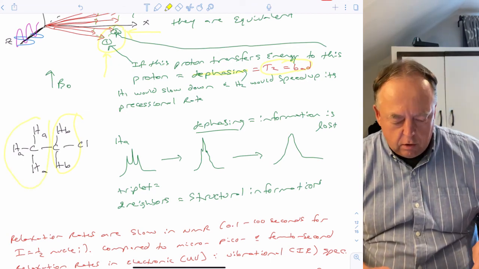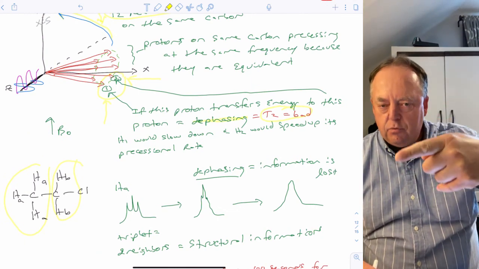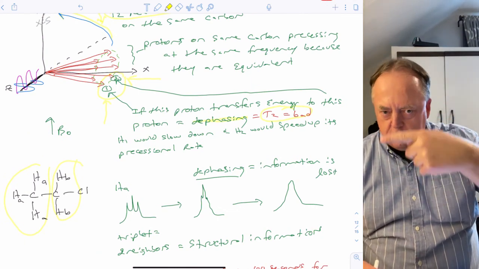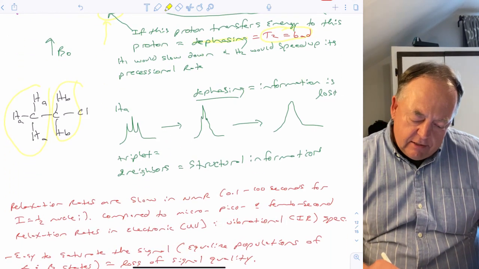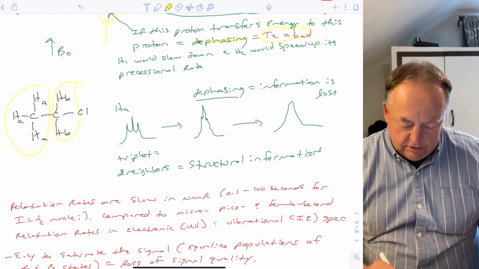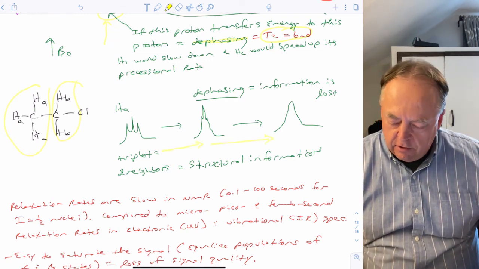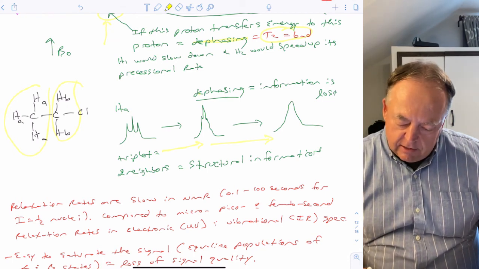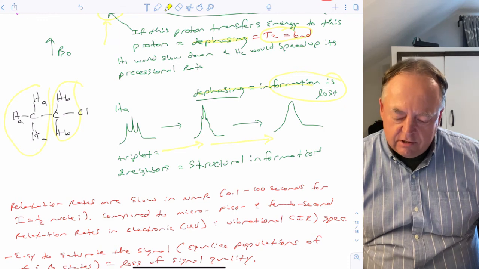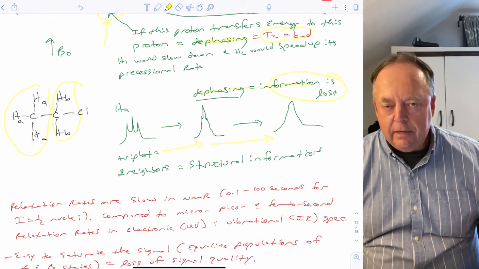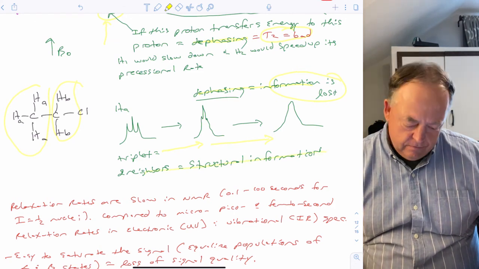If these are all HAs precessing about that nucleus, and then they get out of phase, where some are precessing fast and some slower, you start to lose information, because now your triplet starts to look like that, and if it gets out of phase enough, your triplet looks like that. The significance is you've lost information. If you no longer know that it's a triplet, you no longer know how many neighbors it has, so you've lost structural information.